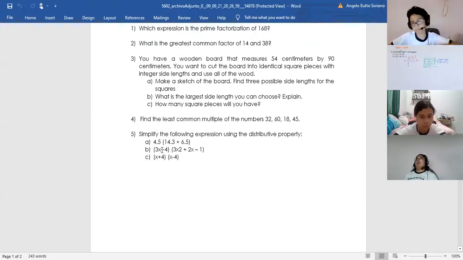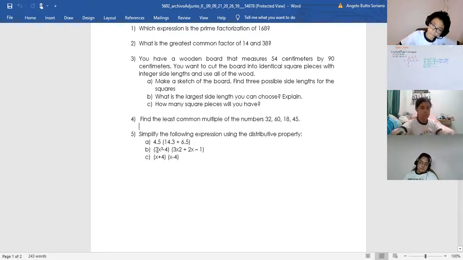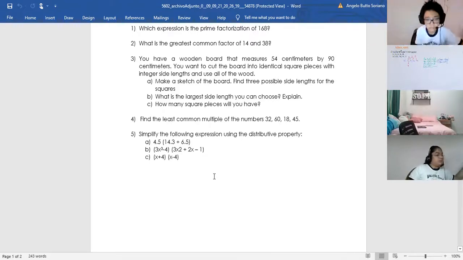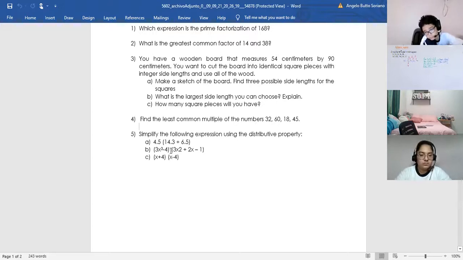Remember the distributive property? That means we have the expression 3x cubed. This 3x cubed we are going to multiply by 3x squared, 2x, and -1. We're going to copy the three results, positive when it's positive and negative when it's negative. And repeat the process with -4: -4 multiplying 3x squared, -4 multiplying 2x, and -4 multiplying by -1.